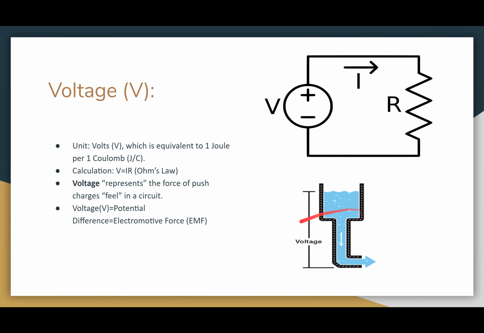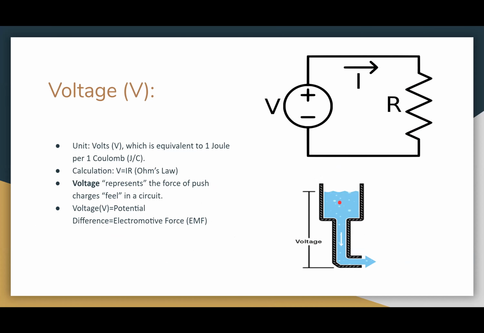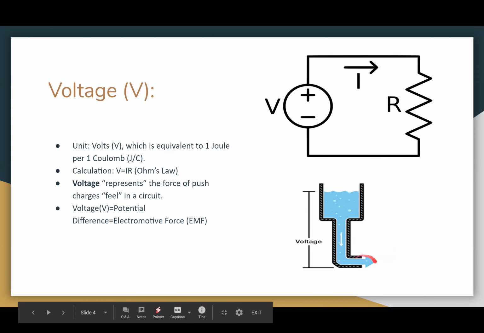If we use a water analogy for voltage, voltage in this case would be gravity. It's the force pushing the water throughout the piping, and the water we'll symbolize as our current. So voltage, aka gravity, is pushing the water, aka current, throughout our circuit.